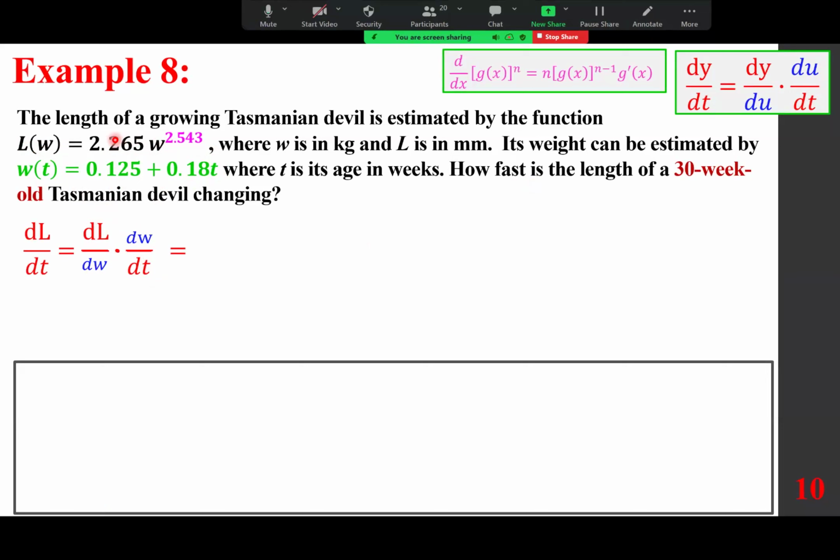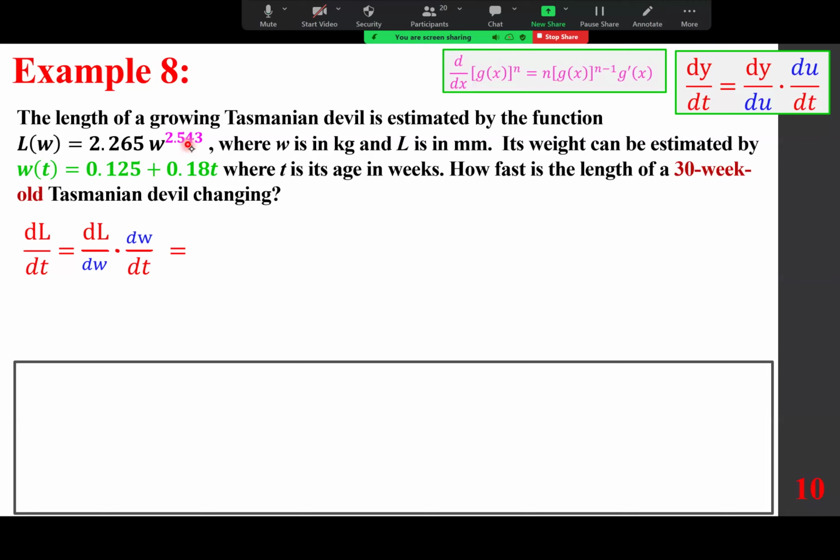You go to this one and you say 2.265 doesn't change, times 2.543, the exponent becomes the coefficient, and W to the power of the same thing minus 1. So in other words, we are using the extended power rule, so this changes to 1.543. So this remains, this becomes the coefficient, this goes down by 1 to 1.543, times dW/dt, just 0.18.